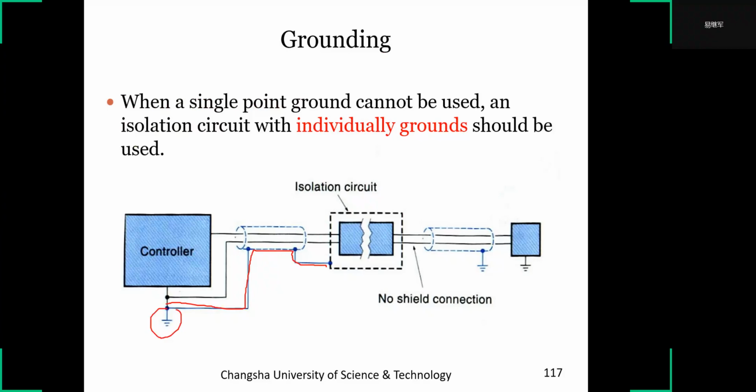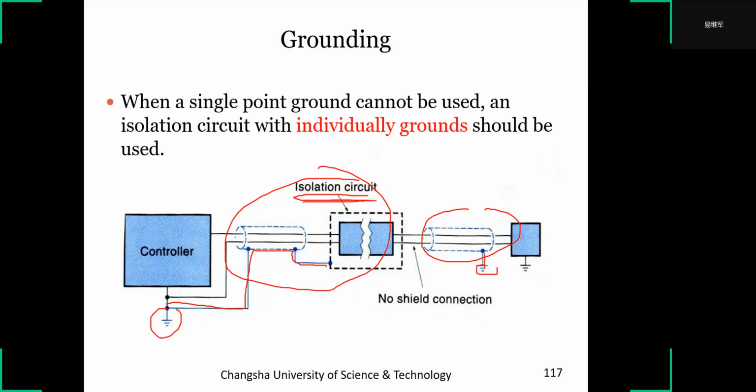There is no shared connection between the two parts. So we connect this to ground. But between the two parts, we need an isolation circuit. Signal isolation.